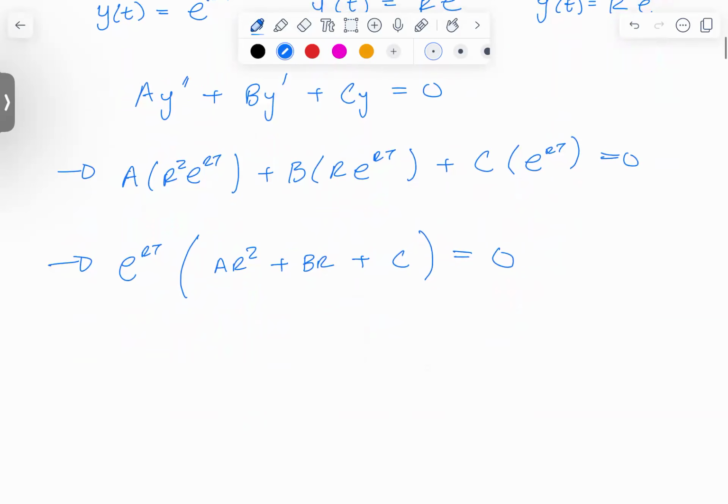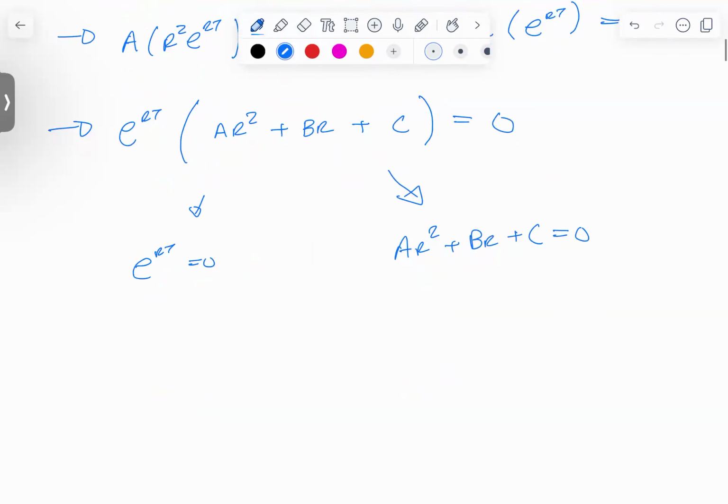So then I have two equations to solve in order to find the actual solutions. e to the rt equals 0, and this is then a quadratic, which can yield various solutions.